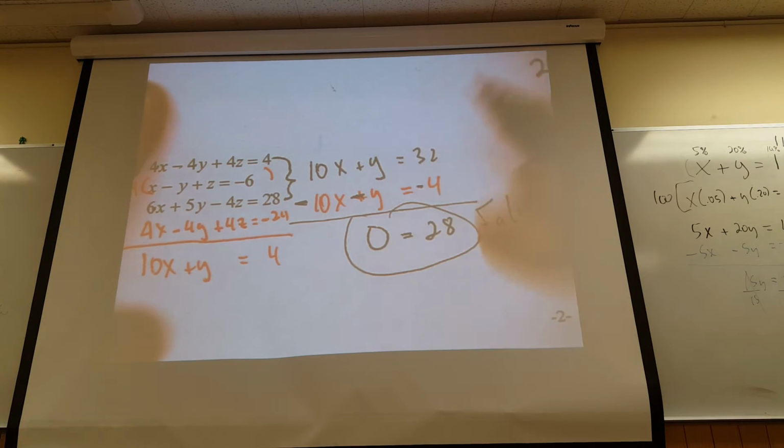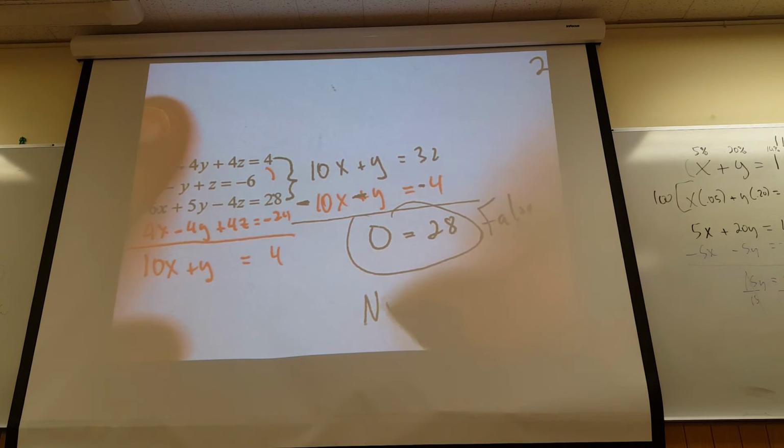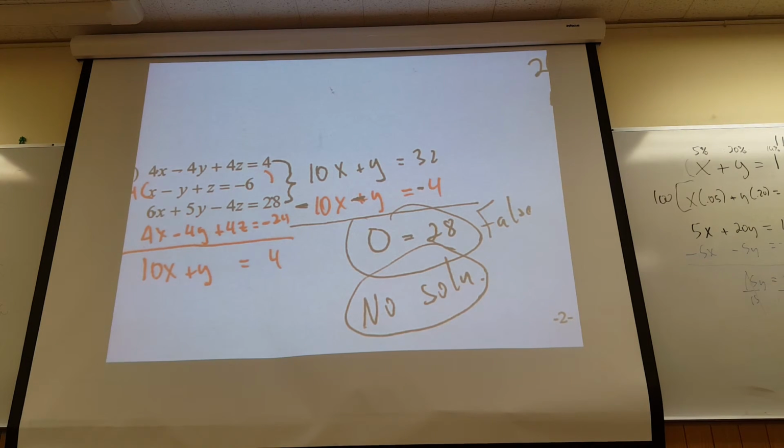Okay, so these are parallel lines, so there is no solution. Now, if you would have got 0 equals 0, what would have been your answer? Infinite. So, see, one of these really saves us a lot of time. We don't have to back substitute. We just get this as our answer.